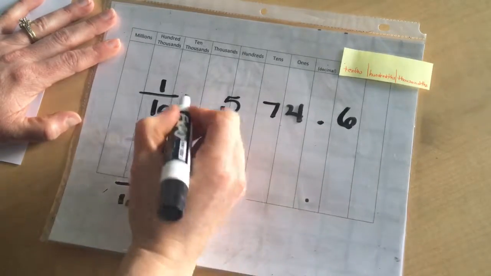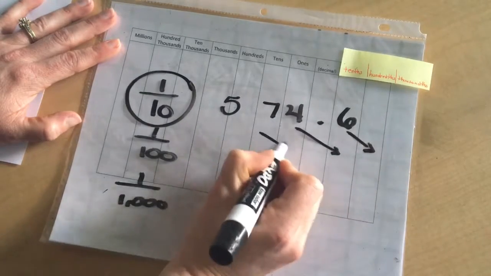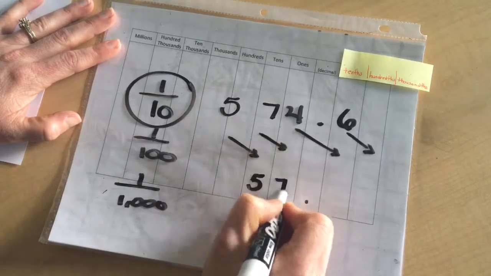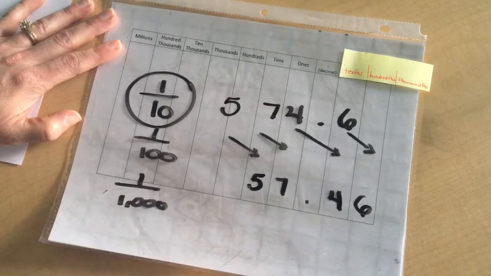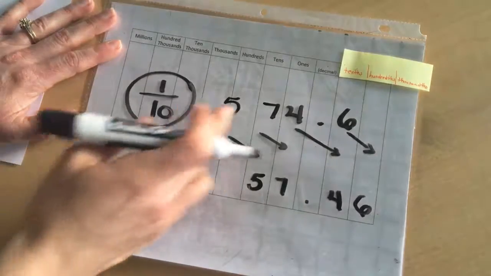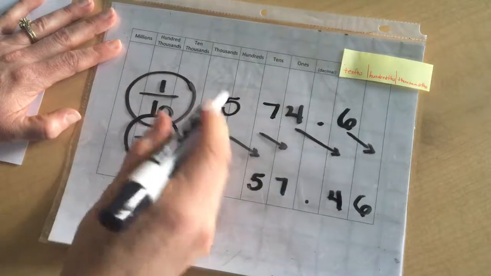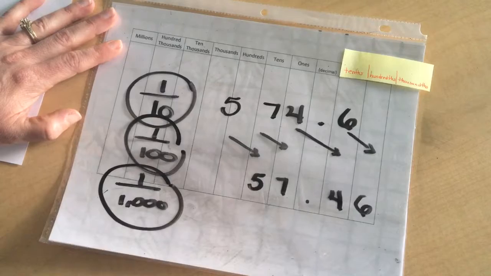I weigh less than him because I'm 1/10 of him. So everything shifts one time. So I actually weigh 57 and 46 hundredths because I weigh 1/10 of him, which means I'm smaller. 1/100th, I would shift 2 times. 1/1000th, I'd shift 3, and so on.